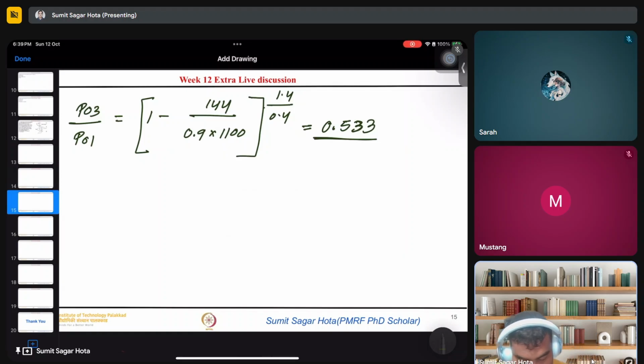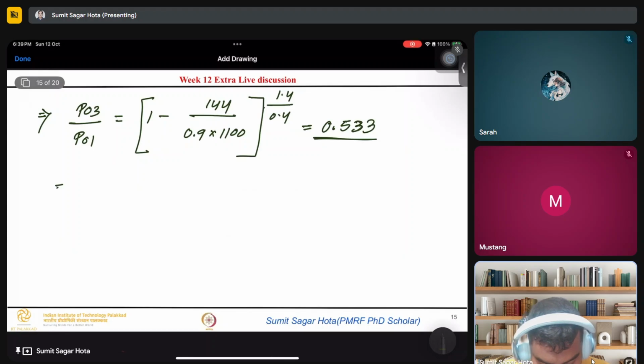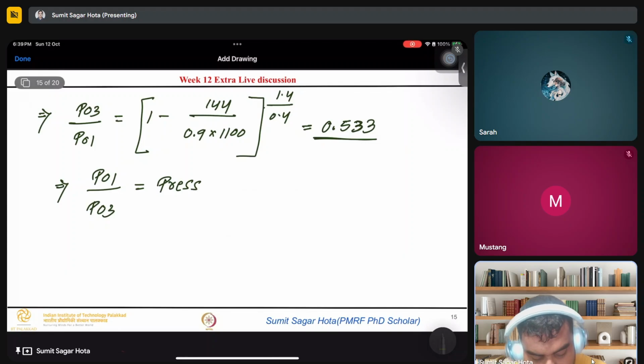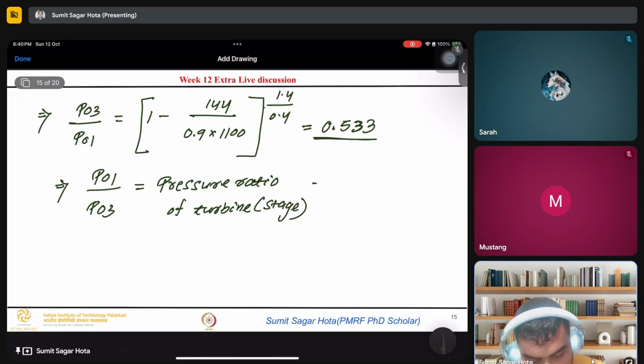Okay, but in the question it's mentioned the pressure ratio of the turbine, means always take from 1 to 3, not 3 to 1. Okay, just take the ratio. So P naught 1 by P naught 3 is equal to your pressure ratio of turbine stage, is equal to 1.875.